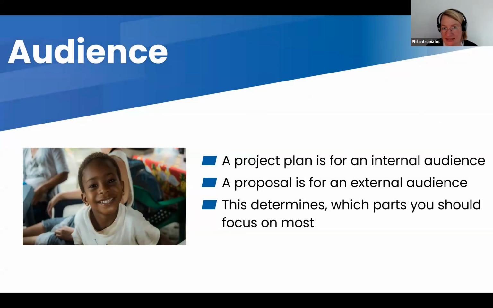Yes, it's very important to describe in detail why you want to do something, but in the project plan, you can also focus a bit more on how you want to do it, because it's for your internal audience. The people you work with need to know how the project is supposed to run. What are the things that you are supposed to cover? What are things that are interesting?